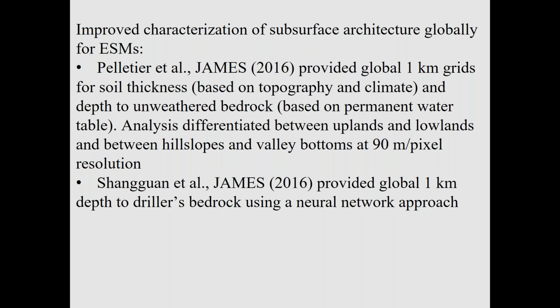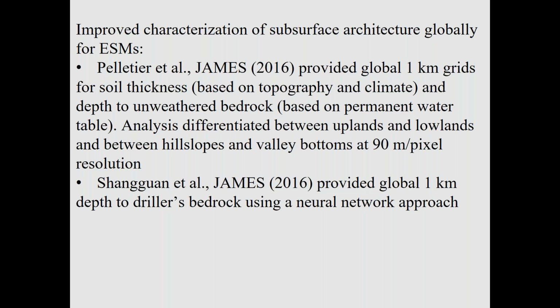I want to emphasize here that this analysis differentiated between uplands, which are essentially mountain ranges. These are areas where the depth to bedrock is tens of meters typically, and lowlands where there are relatively thick sedimentary deposits, where the unconsolidated material above bedrock can be tens of meters to, in some cases, kilometers.